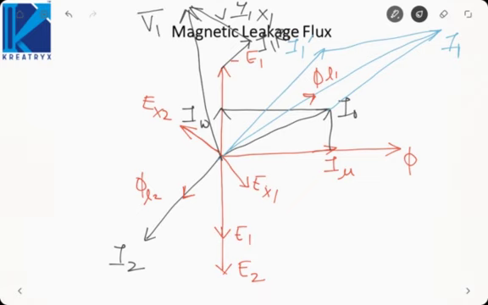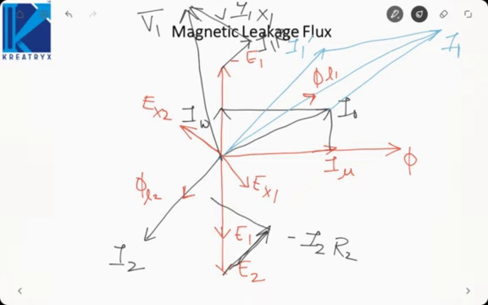Similarly, to find V2, V2 will be E2 minus JI2R2 minus JI2X2. E2 minus JI2R2, it will be like this. Minus I2 R2 minus JI2X2. I2X2 will be 90 degree in the anti-clockwise direction.